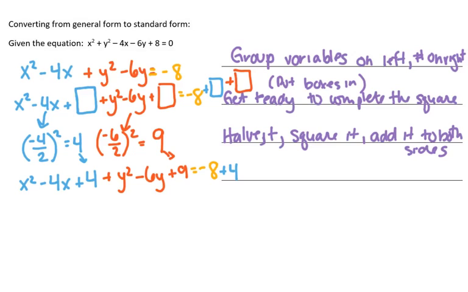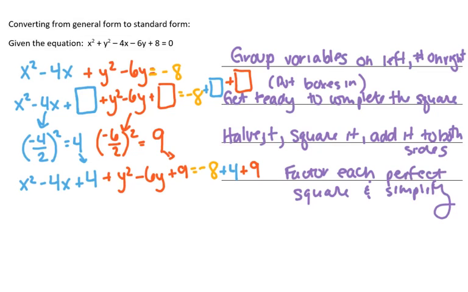Plus 4 plus 9. From here, I want to factor each perfect square and simplify.